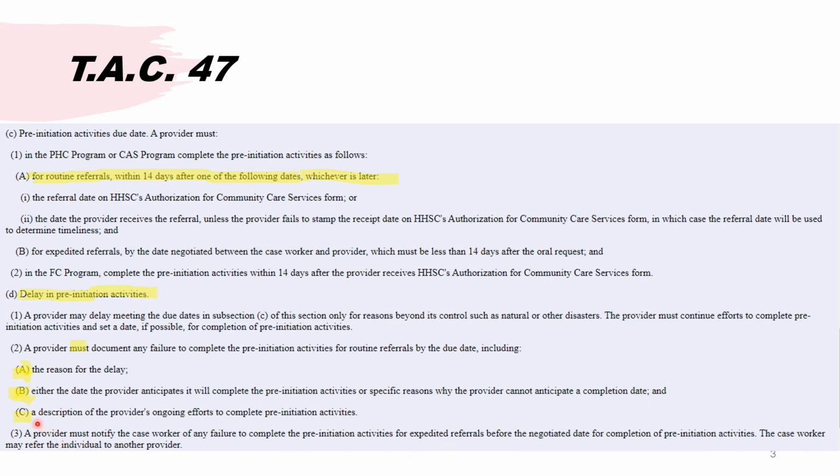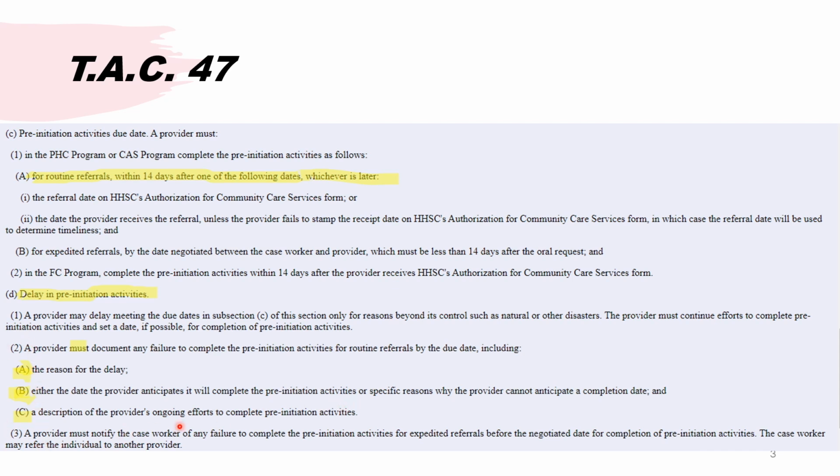And a description of the provider's ongoing efforts to complete those pre-initiation activities. Okay, so that is what they expect on your documentation communication that you're sending to the caseworker.